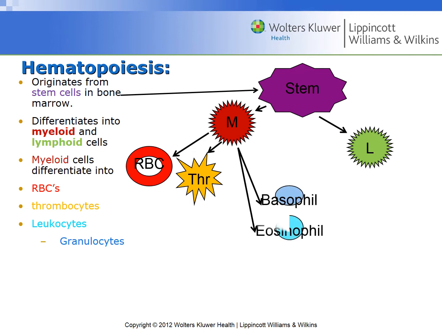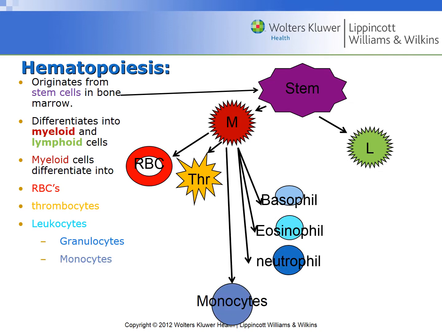Granulocytes, the fills, and monocytes. These are all from one leg of that initial differentiation. Okay, so you got your reds, you got your whites, and you got your thrombocytes all on one side.